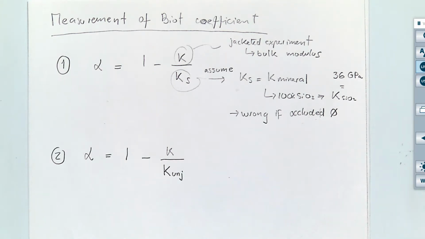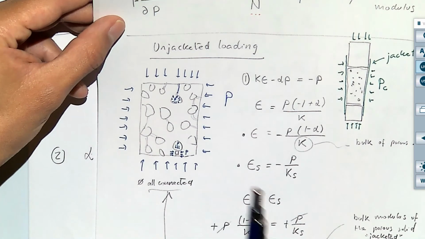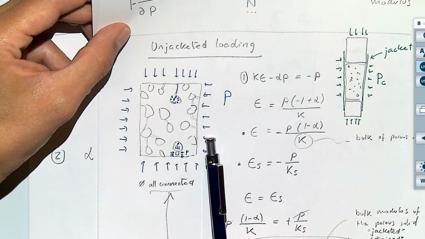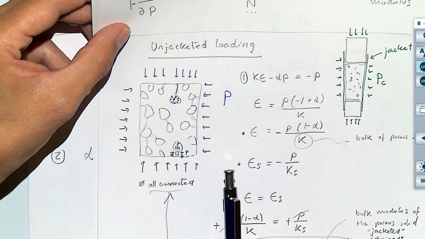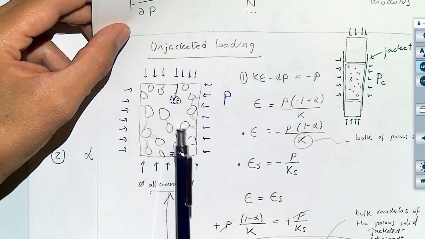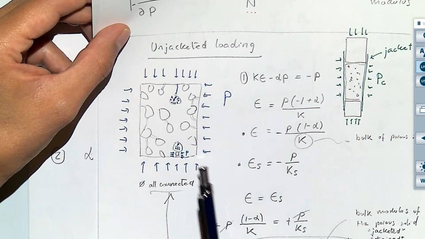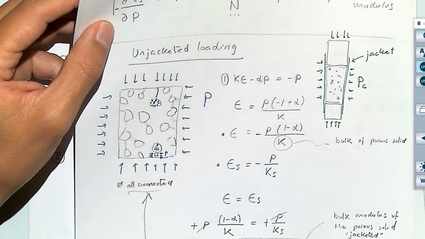Basically what you do is what we did in our unjacketed test before: subject the rock to an increase of pore pressure. But now, if I have occluded porosity, that's fine, because what I'm going to measure is the change of volumetric strain.